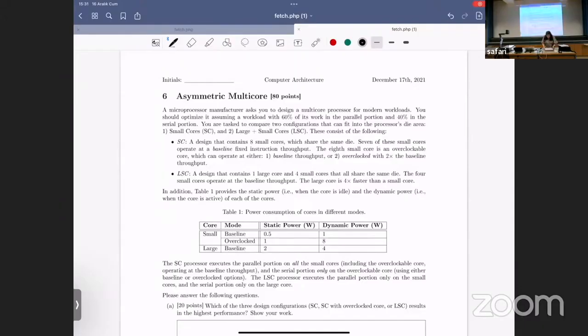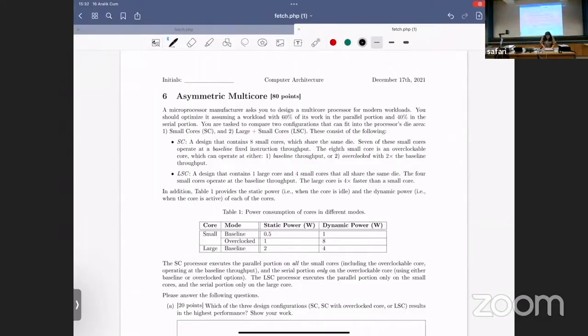So these two configurations consist of the following. SC is a design that contains 8 small cores which share the same die. 7 of these small cores operate at the baseline fixed instruction throughput, but the 8th small core is an overclockable core which can operate at either the baseline throughput or the overclocked scenario with 2 times the baseline throughput.